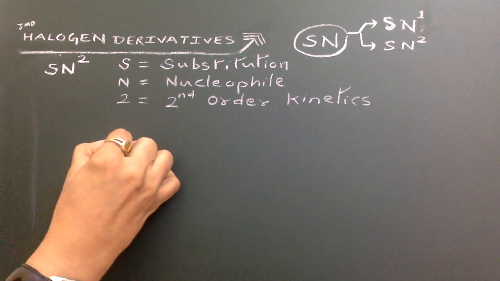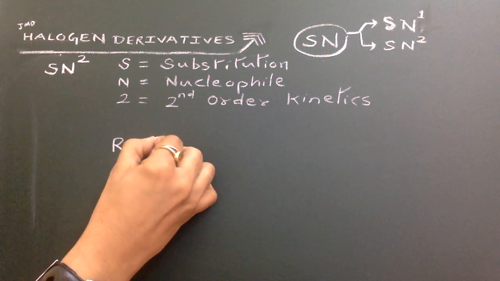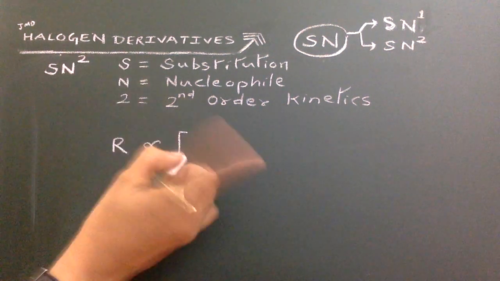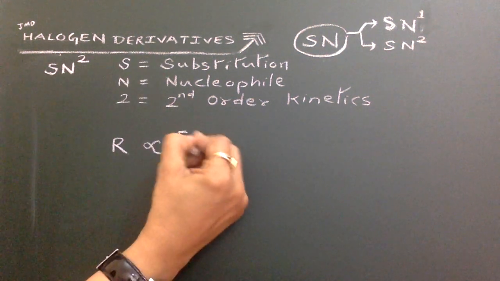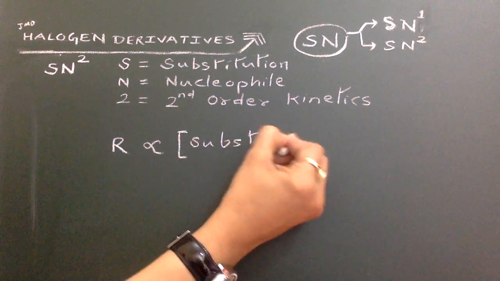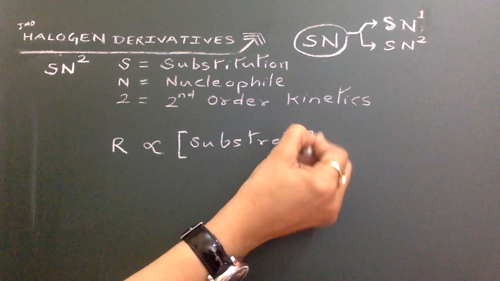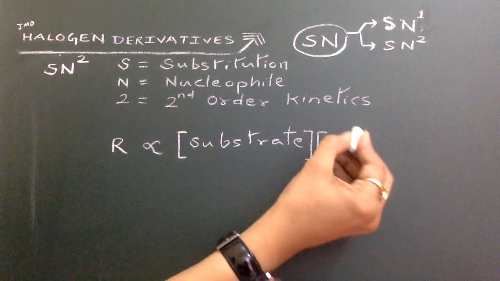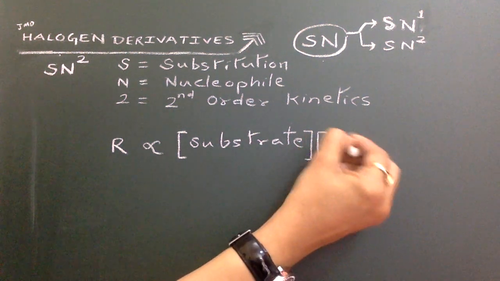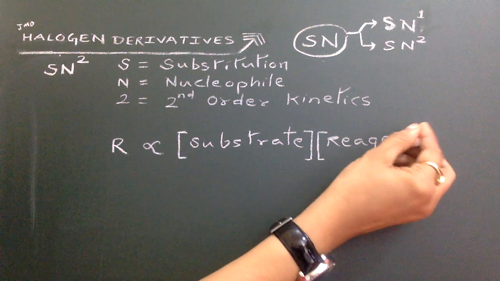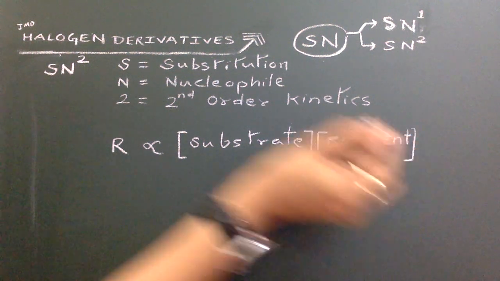Second order kinetics means the rate of this reaction is directly proportional to two types of things. One is the substrate and the other is the reagent. So SN2 reactions or SN2 mechanisms are those reactions in which the rate of reaction is directly proportional to the molar concentration of substrate as well as the reagent.